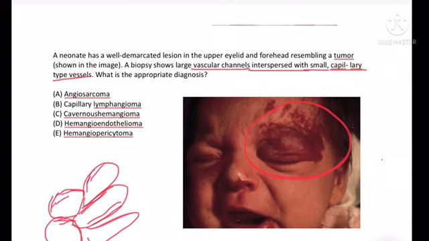So it's a type of benign, you can also say congenital hemangioma. It's a benign lesion with large vessel channels frequently interspersed with small capillary type vessels. These are the capillary hemangioma, the tumor of capillaries, and these spaces are called the cavernous. So it is a cavernous hemangioma.